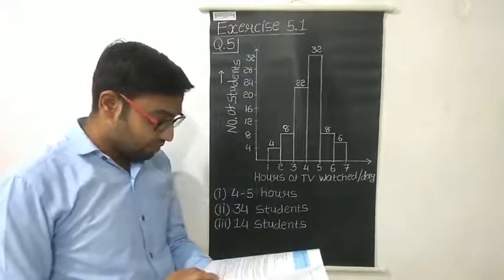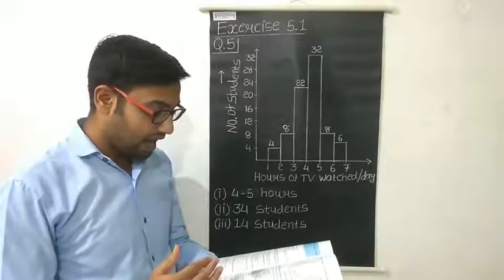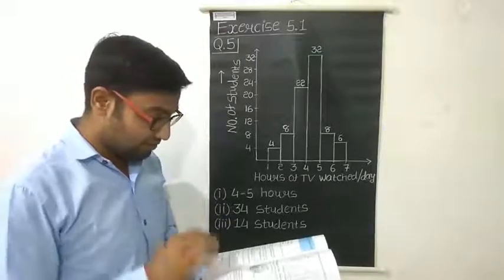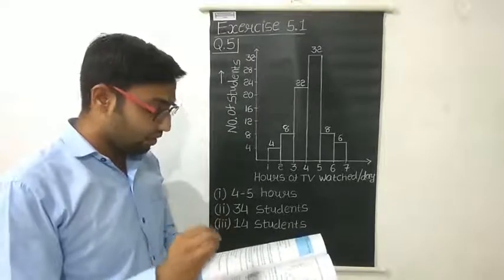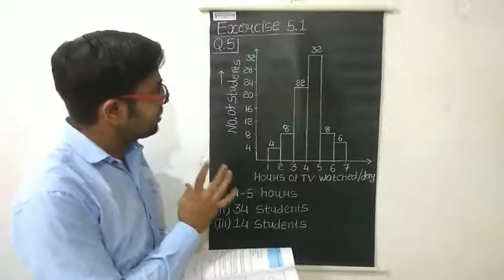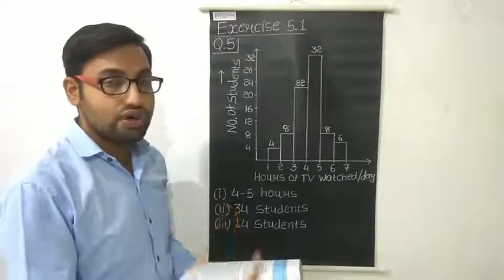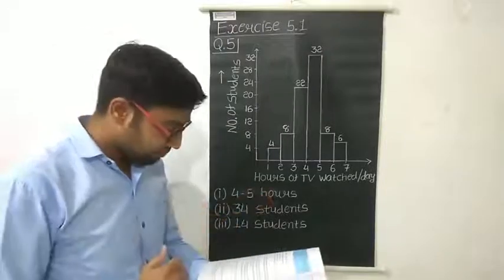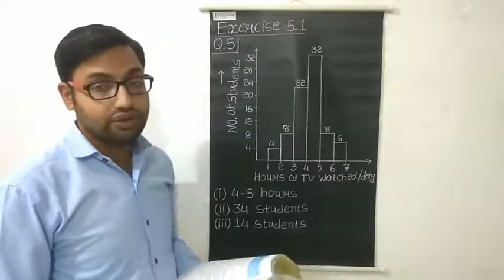The number of hours for which students of a particular class watched television during holidays is shown through the given graph. So this graph is about how many hours the students watched TV. From that we have to answer the following questions.